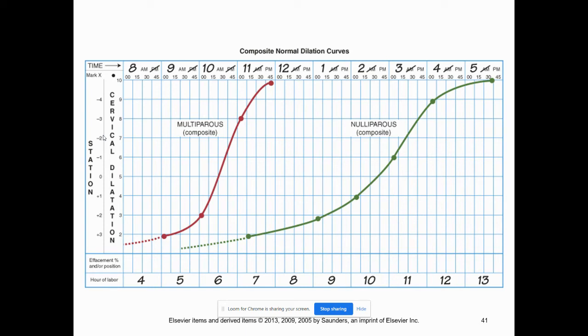So in more modern times, as long as the baby is looking okay based on the fetal heart tracings and the mom is looking okay, we like to let things progress naturally. And it's very common, as I mentioned previously, that once the woman has reached full dilation, she may need to just breathe and rest and do some light pushes when she feels like it, but nothing strenuous.